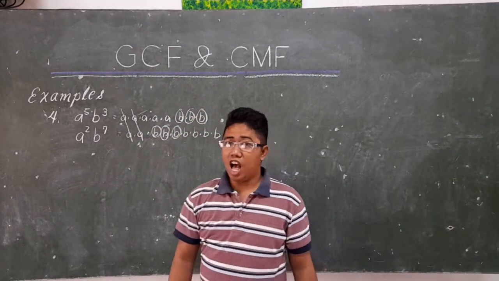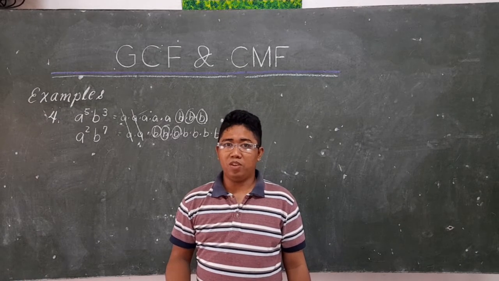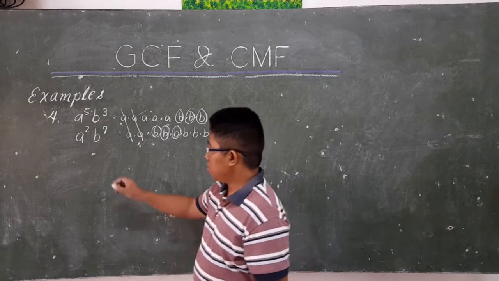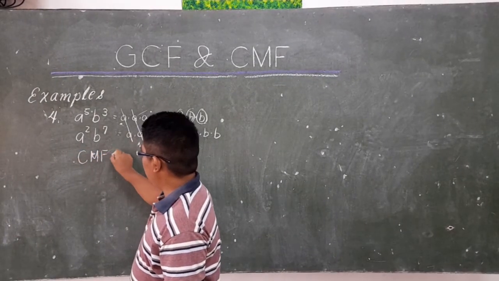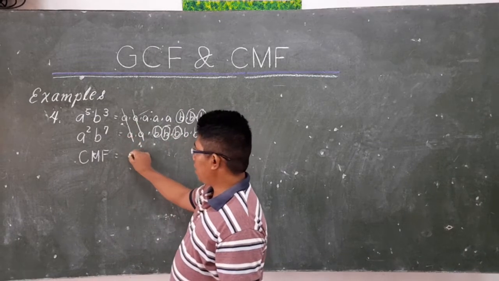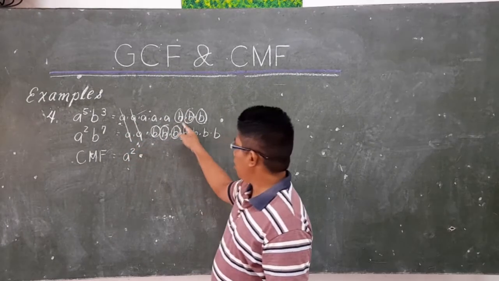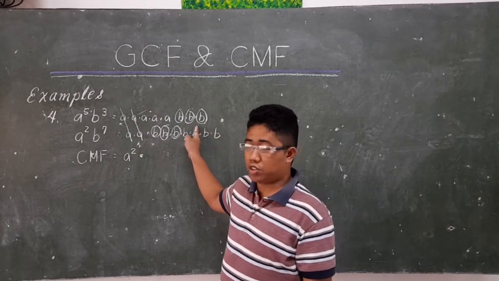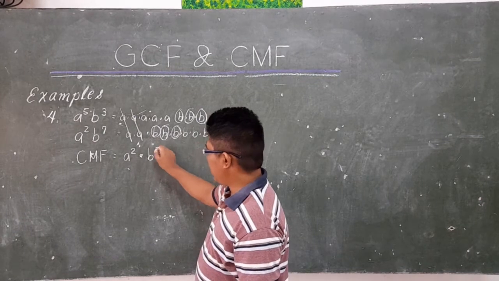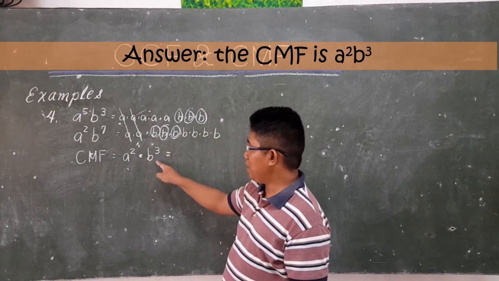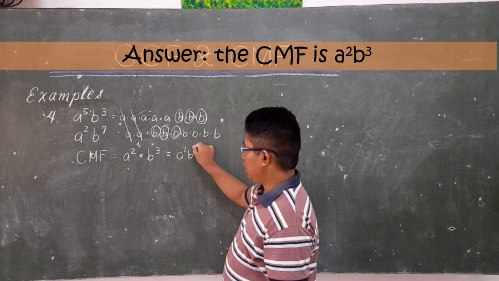Okay, question. How many a's are common? Only 2. So our common factor, 2 a's, becomes a raised to the power of 2, times 3 b's, expressed in exponential form as b raised to the power of 3. So a squared multiplied by b cubed is a squared b cubed.